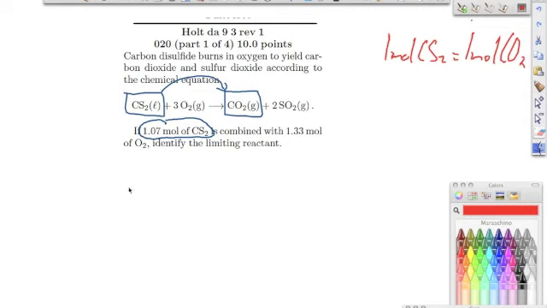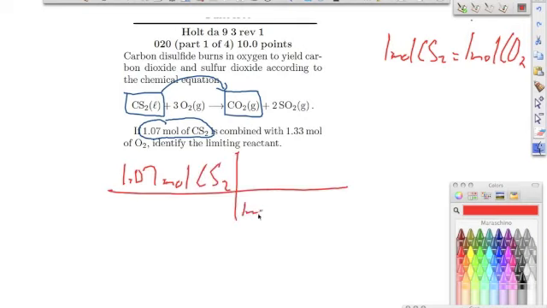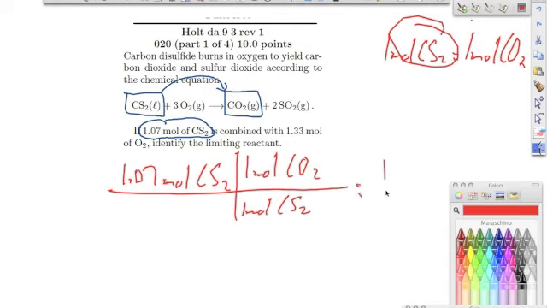So we have 1.7 moles of CS2. Set it up. Put 1 mole of CS2 on the bottom. We get it from right here. And 1 mole of CO2 on the top. We go ahead and work it out. We see that what we will produce is 1.7 moles of CO2.